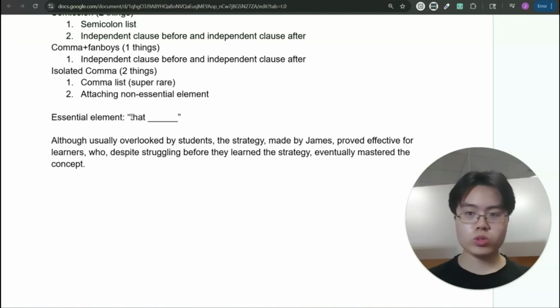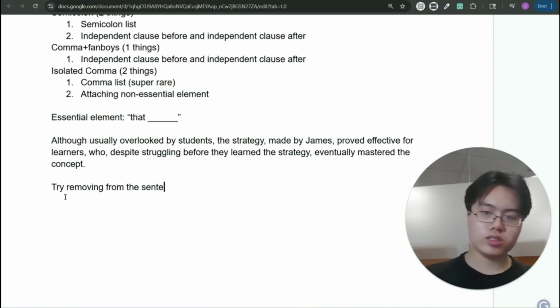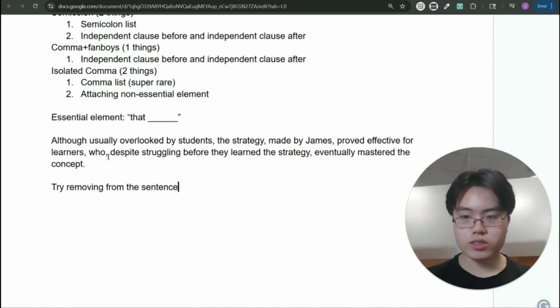And other than when the word that exists, this process that I'm about to share with you will tell you for sure if something is a non-essential element or not. First thing, try removing it from the sentence. So whatever you think is a non-essential element, try removing it from the sentence. Let's say I wasn't sure, but I think this was a non-essential element.